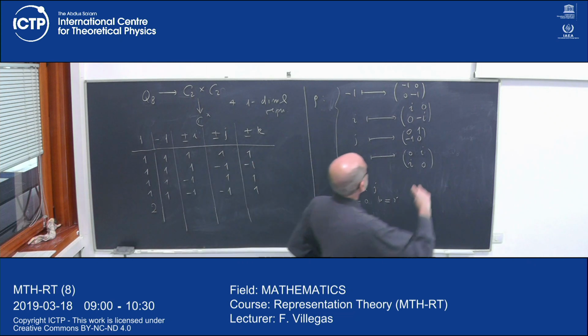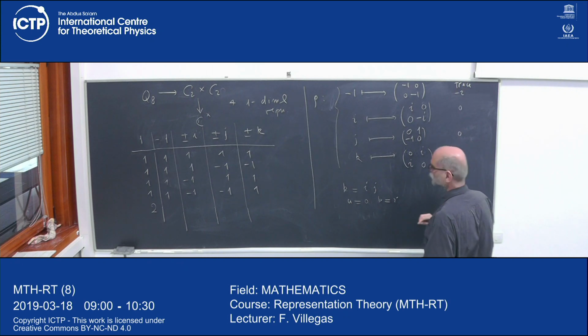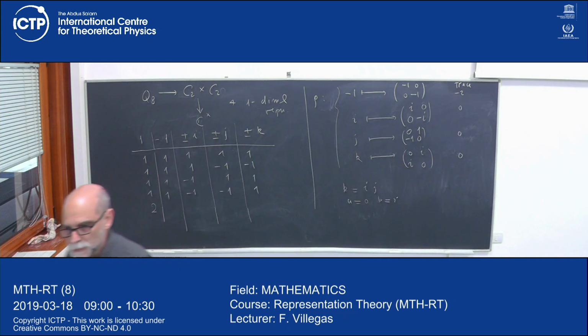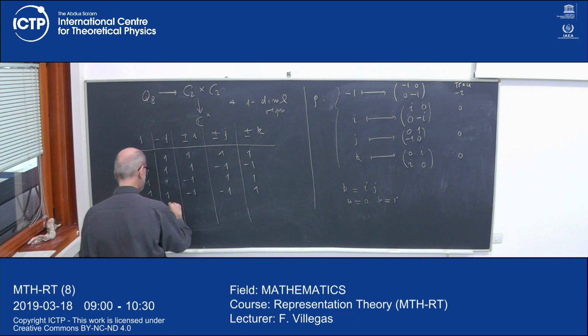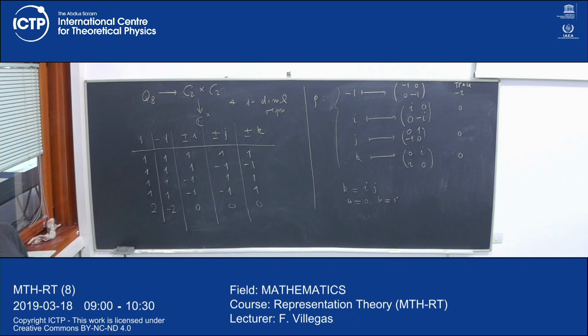And notice that in all cases the trace, well, this is minus 2, 0, 0, 0 for all the I and the J and the K. The trace is 0, so the character is minus 2, 0, 0, 0. Okay. So the character values are real because the matrices are in SU2 and the traces are always real.